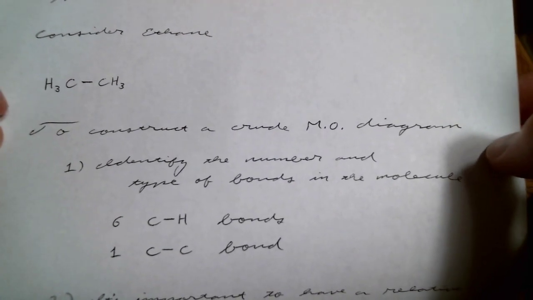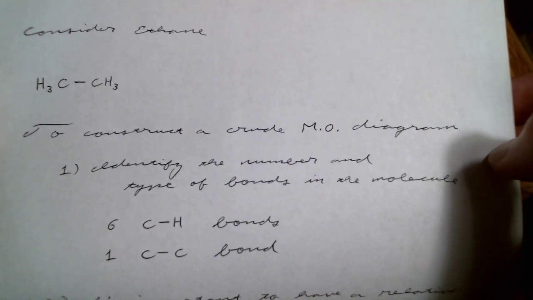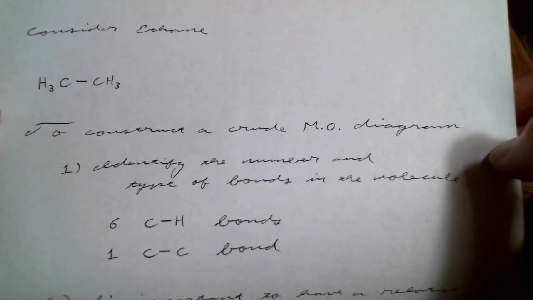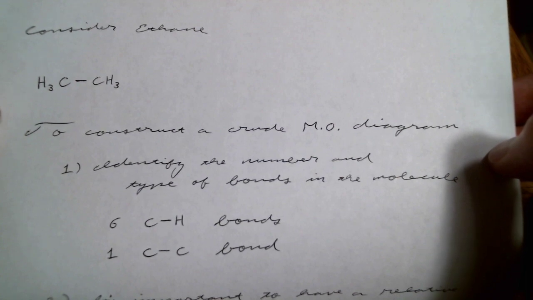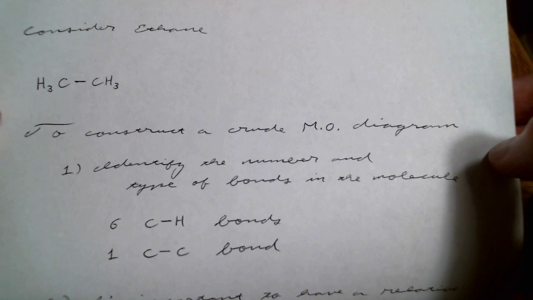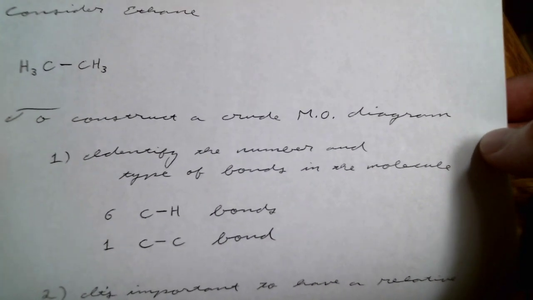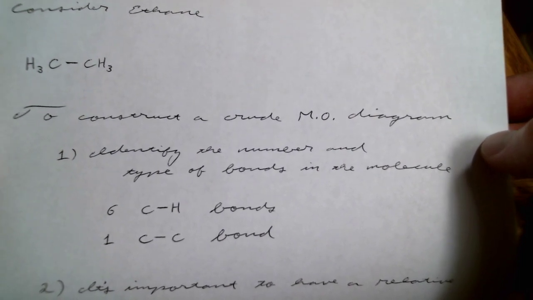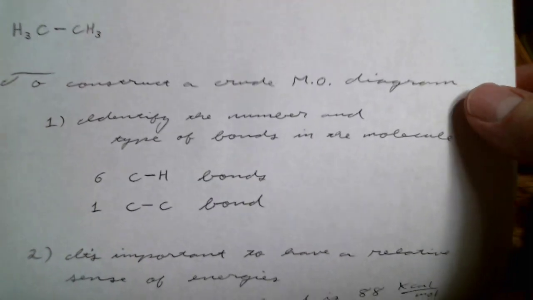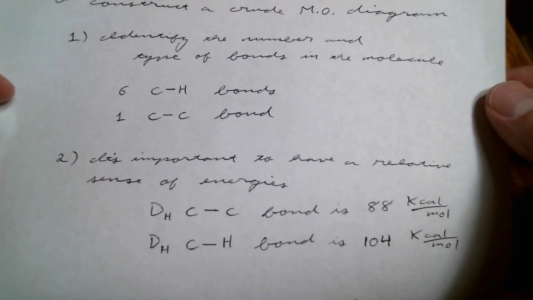Anyways, let's consider ethane for a crude molecular orbital diagram, and we'll get into some more complex molecular orbital diagrams in the next video. To construct a crude molecular orbital diagram for this more complicated multiatomic molecule, there are a few rules. First, identify the number and type of bonds in the molecule. Well, we have 6 carbon-hydrogen bonds and 1 carbon-carbon bond. It's kind of nice to have a relative sense of energies.